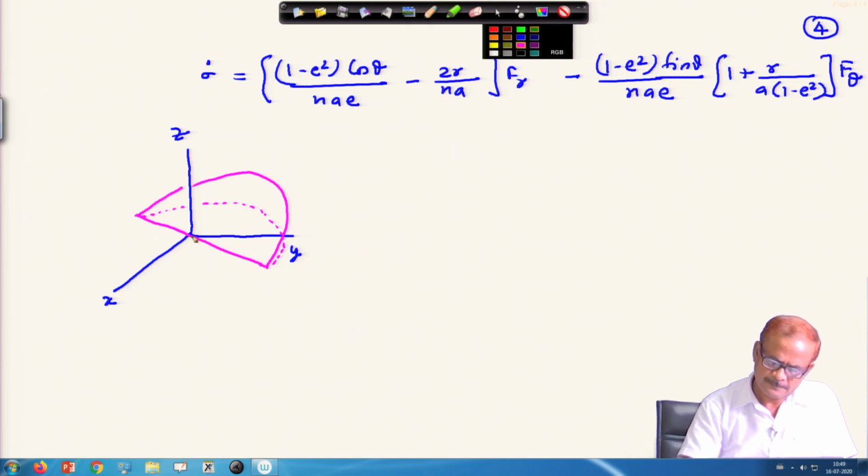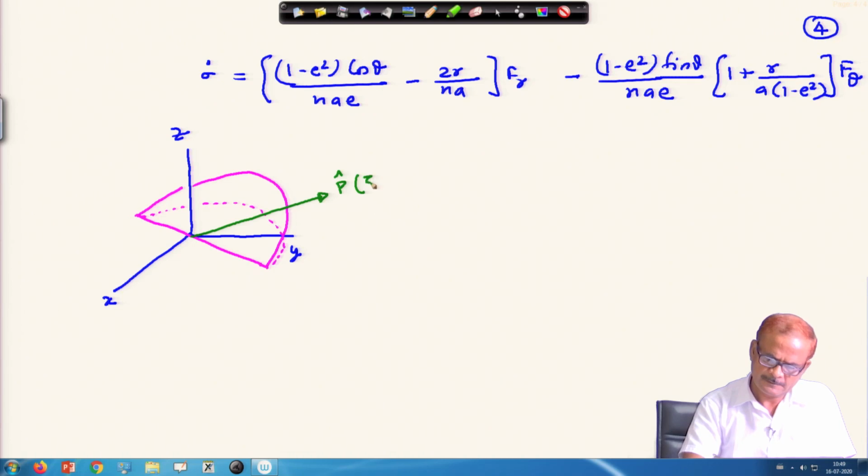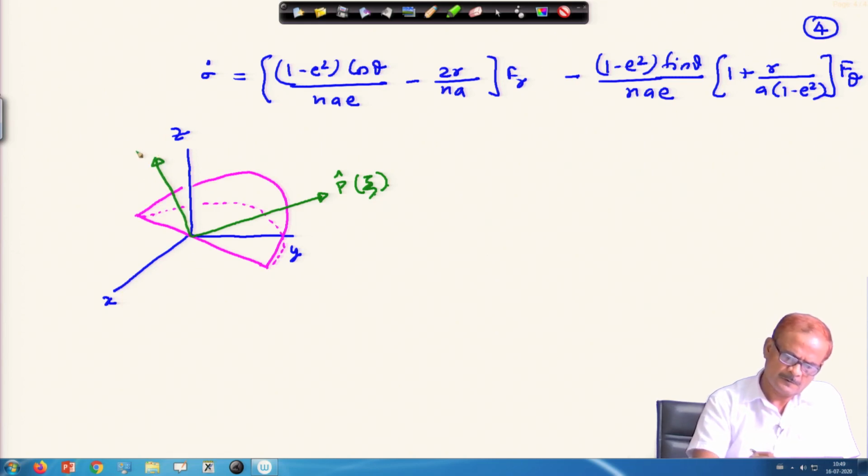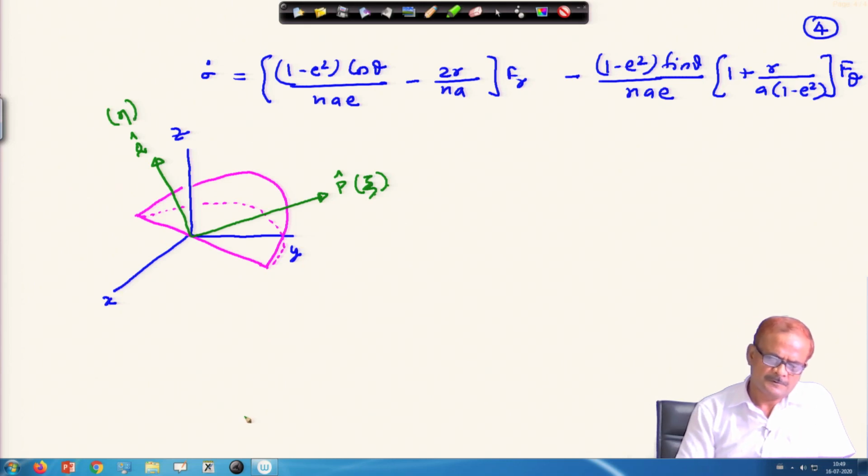Then in this direction we have taken the p cap unit vector in the direction of xi, and in the direction of q cap we have taken eta. So, this is the reference frame in the plane of the orbit.